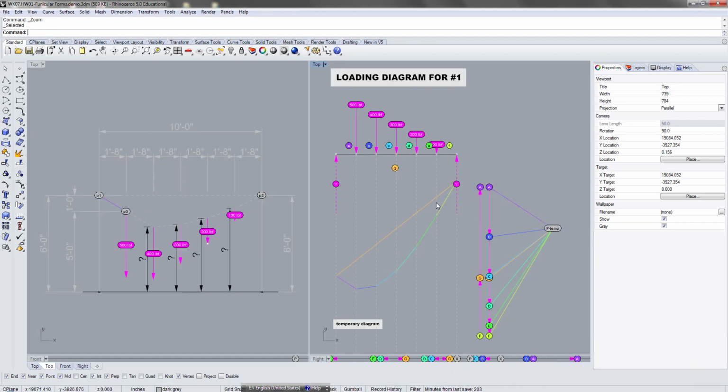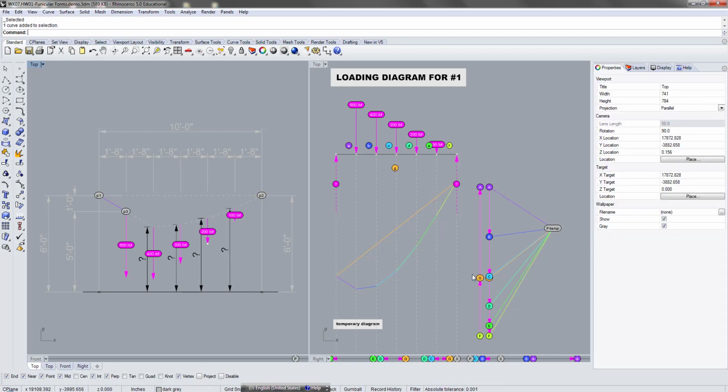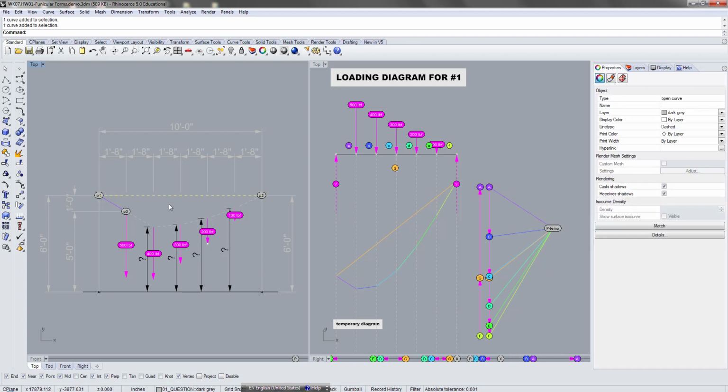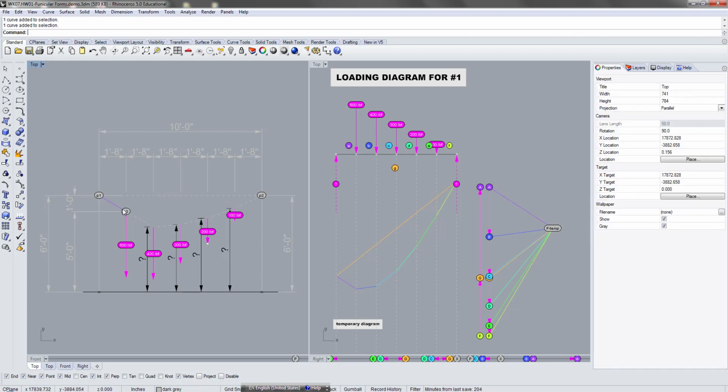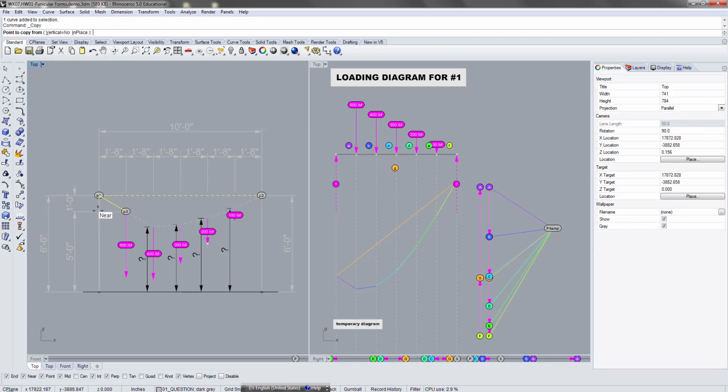So now we drew this temporary force diagram, force polygon, but that's obviously different from what we want. So we want the top closing line to be horizontal because we are holding it at the same height, as well as we want the first segment of that funicular curve to be at that angle.